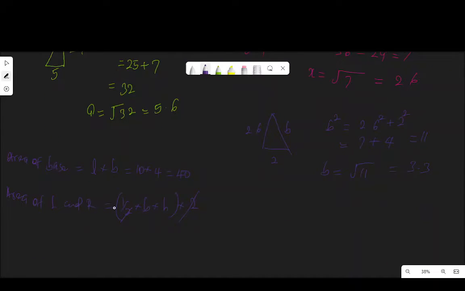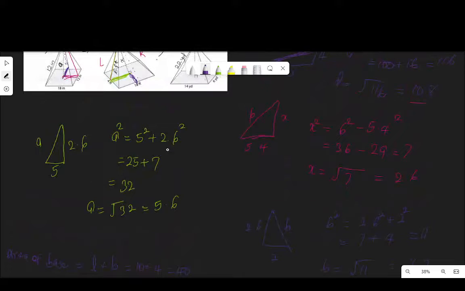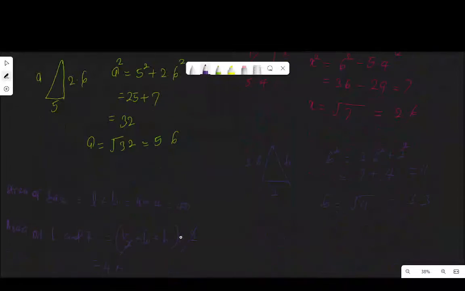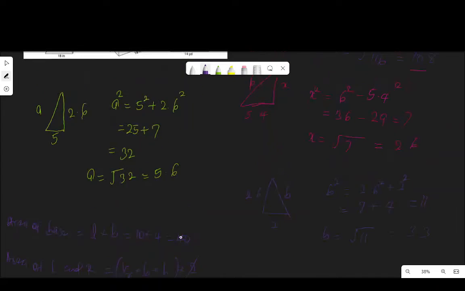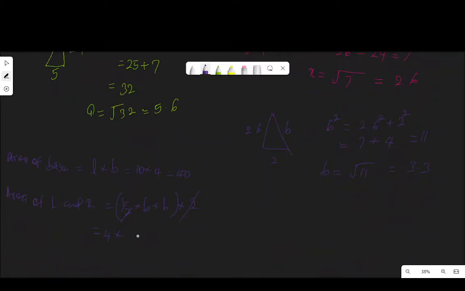The height, we calculated it earlier, this height here is 5.6. So 4 times 5.6 is 22.4.